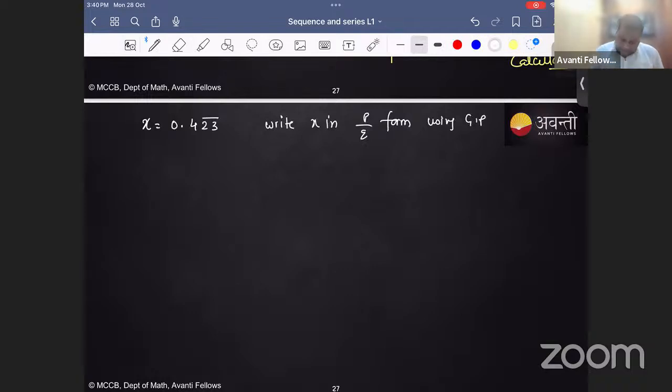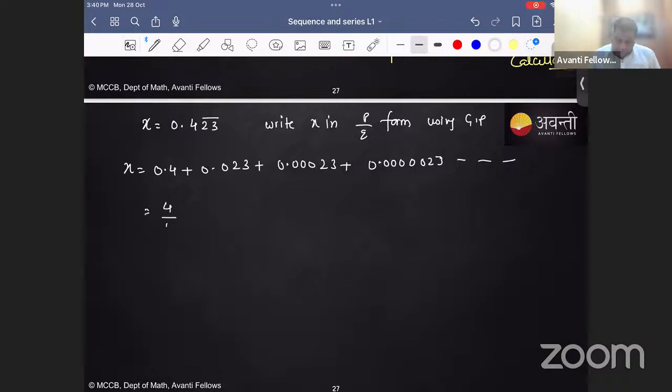Correct? So what is X? X will be 0.4, 0.023, 0.00023, taking 2, 3, 4, 5, 2, 3 and so on till infinite. This is what your X is going to be. So it is 4 by 10 plus 23 upon 10 cube, 23 upon 10 to the power 5, 23 upon 10 to the power 7, and so on.